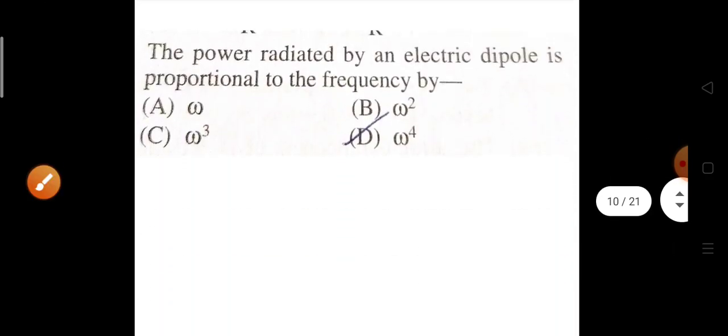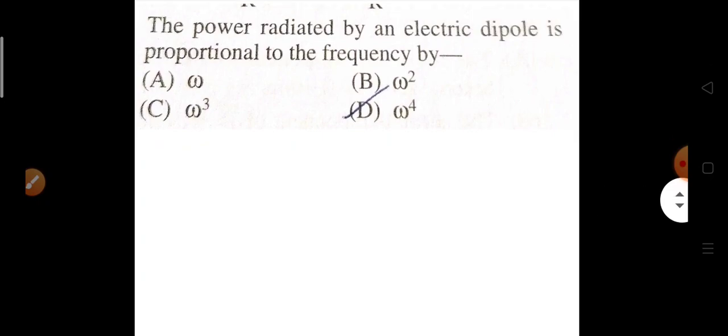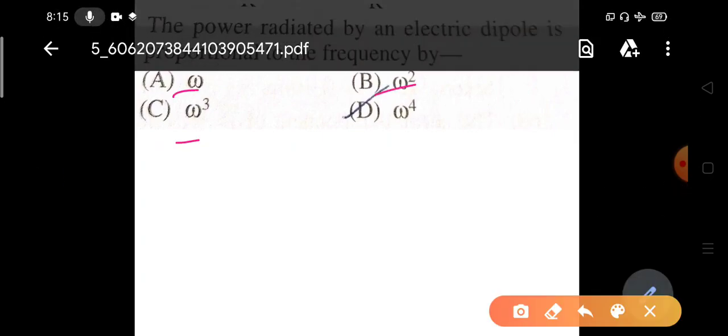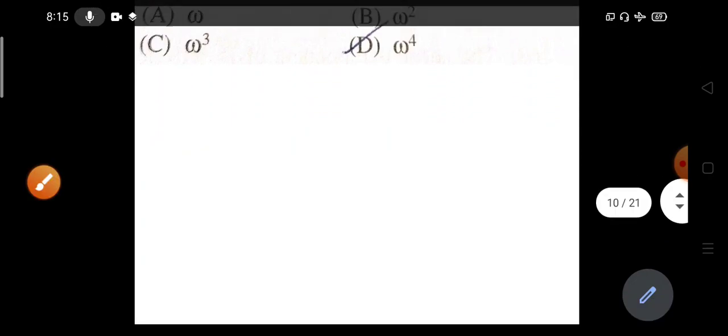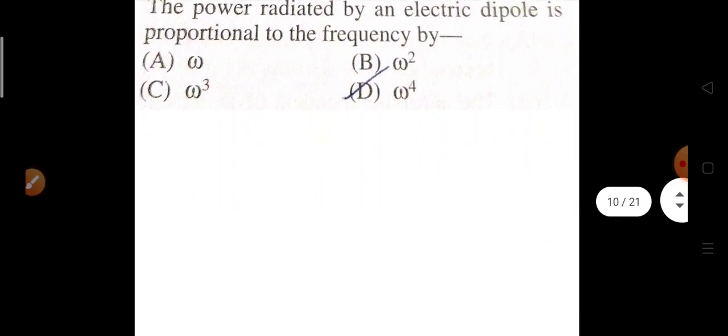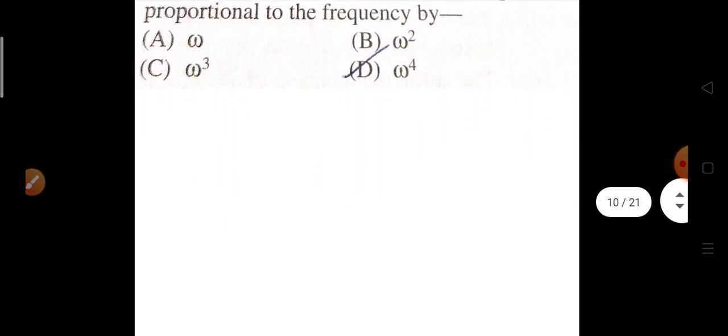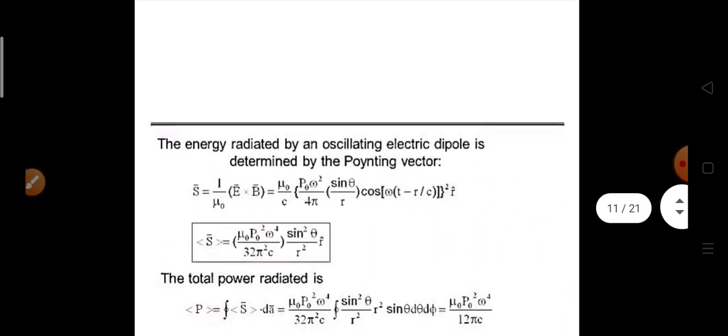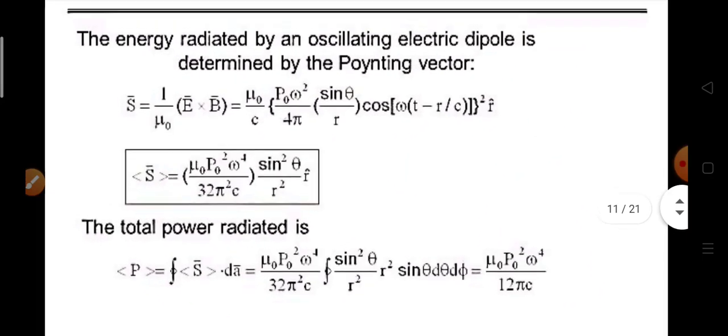Next question, the power radiated by an electric dipole is proportional to the frequency omega, omega square, omega cube or omega to the power 4. I have discussed in detail the power of the oscillating dipole, or radiation by the oscillating dipole. Please watch that video. You will get your concept clear. I have discussed the formula there.